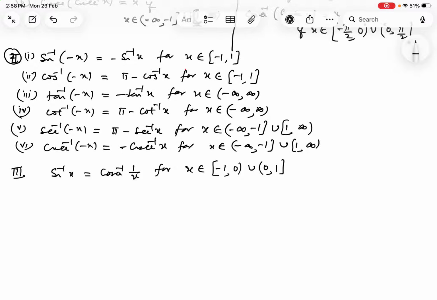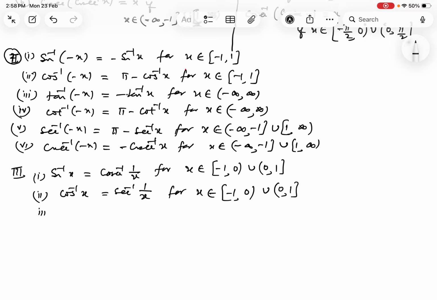In this, the second result is cos inverse x. We can write it as secant inverse 1 by x for x belonging to minus 1 to 0 union 0 to 1.